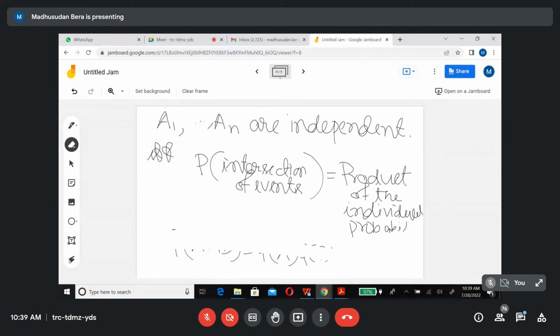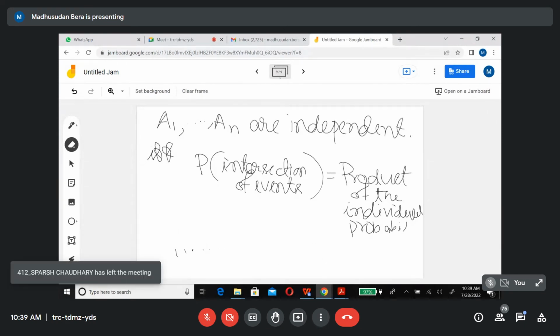Now, what are the intersections? At least we have to take two distinct events, correct or not? Yes sir. Two different events. So A1 A2, A1 A3, A1 A4, that way up to A1 An.